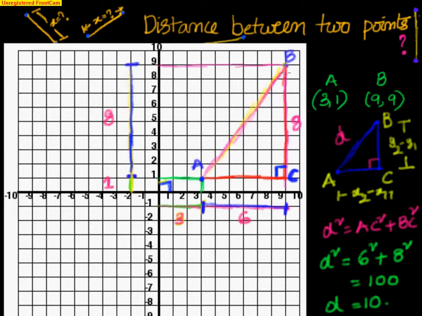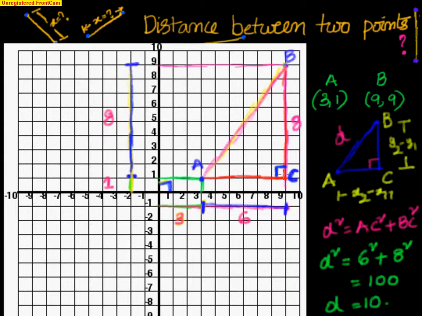Now we have been asked to find the distance between these 2 points. Since we know how to plot them, we started plotting them on the graph. Then we thought, let us find the horizontal distance and vertical distance between these 2 points, because that is familiar to us and we have known how to do that for a long time.